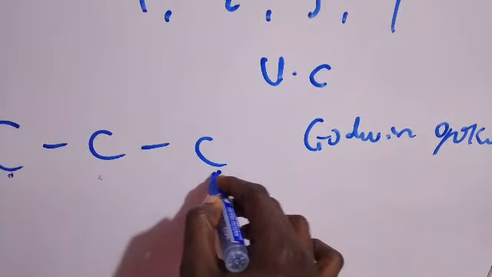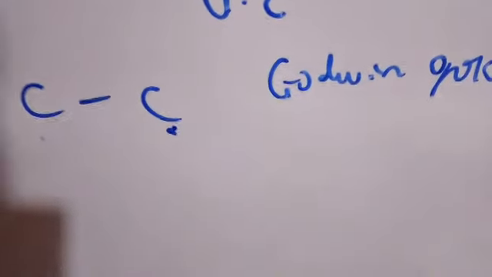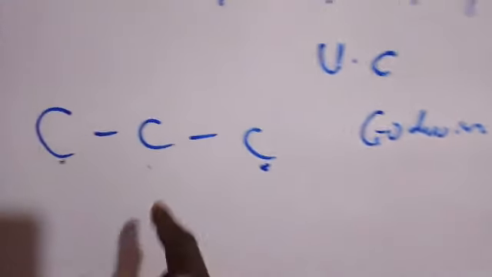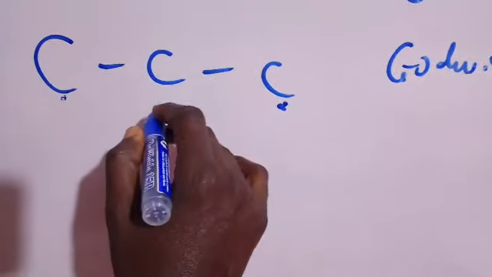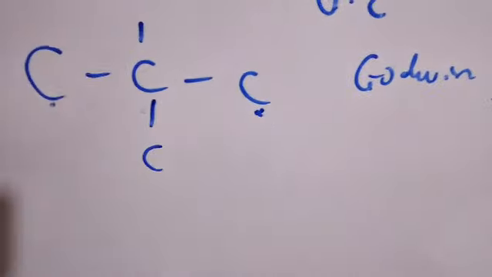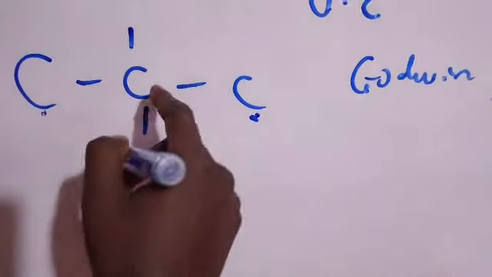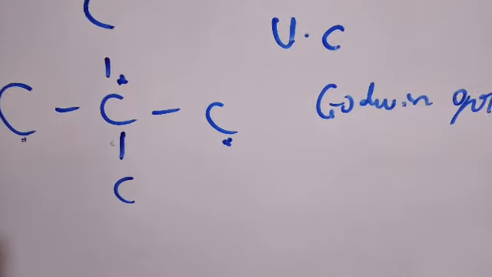This one here is also a primary carbon atom because it's only linked to one carbon atom. But if the carbon is linked to two, like this, this one is secondary. Then when you add another carbon here, another carbon here, this particular carbon is linked to 4. So we can say this one is a quaternary carbon atom. Let's take note of that, quaternary carbon atom.